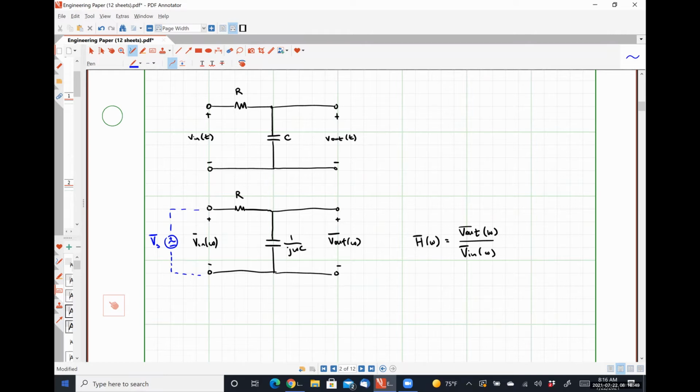So let's mathematically describe what's going on here. What I like to do explicitly here is treat my input voltage as simply a 1 angle 0 volt phasor.